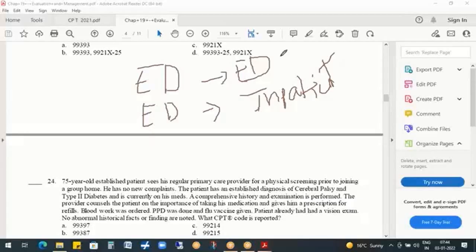We need to find out the status for that location. Is it initial or subsequent? Is it new or established?